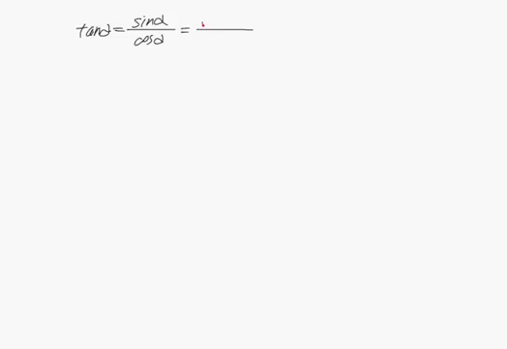And this is equal to root of 11 over 4 divided by negative root of 5 over 4, right? And this 4 and this 4 cancel, so you get the negative root of 11 over root of 5.